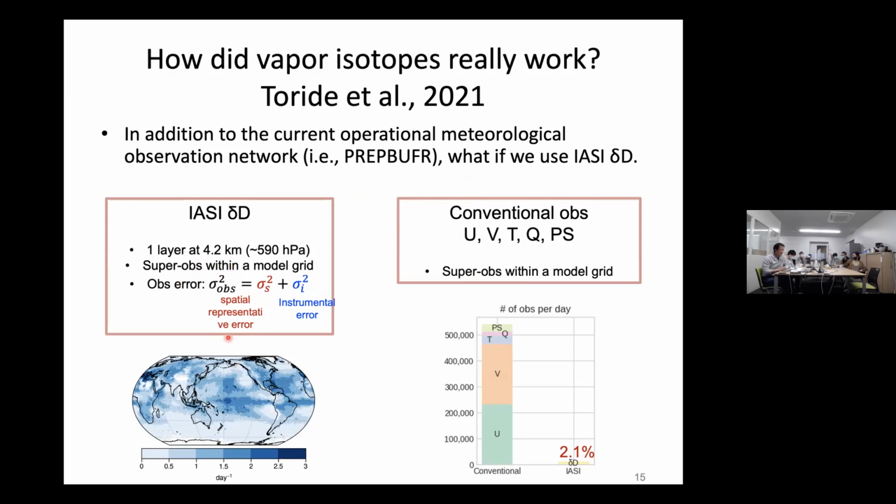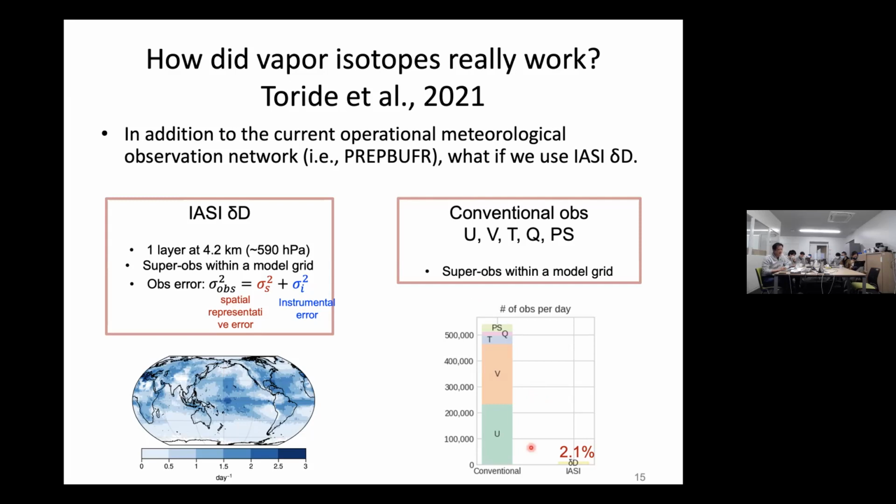And actually it has a much finer resolution than the model I used, which is T62, which is about 200 kilometers in one grid. So we averaged those observation measurements within a grid to make something called super observation to reduce the measurement error.